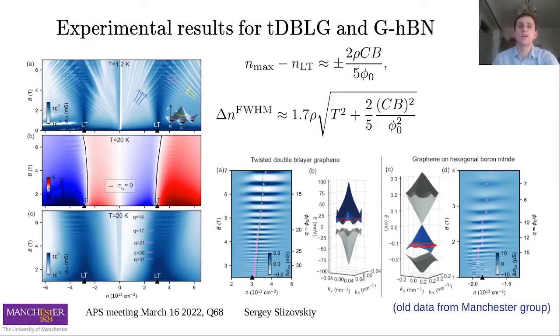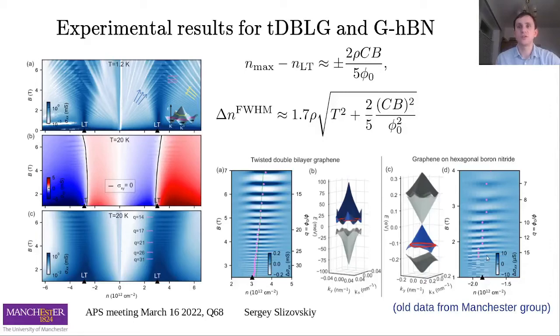So we arrive at theoretical predictions for the position of the Brown-Zak amplitude maximum and the full width at half maximum of the peak in Brown-Zak amplitude.